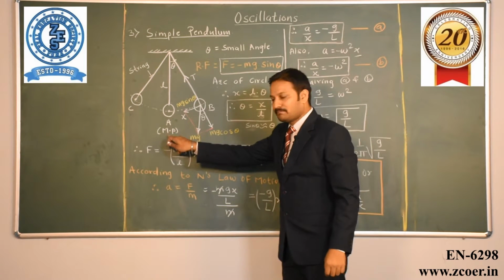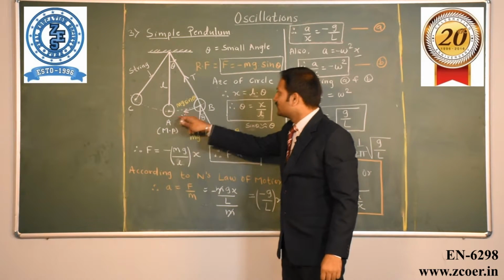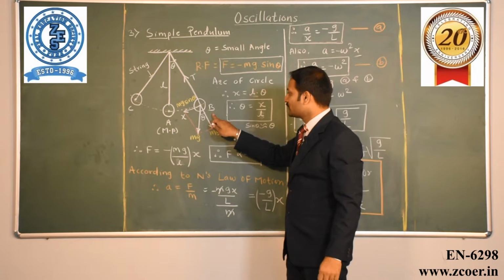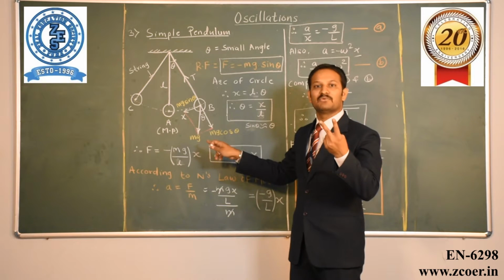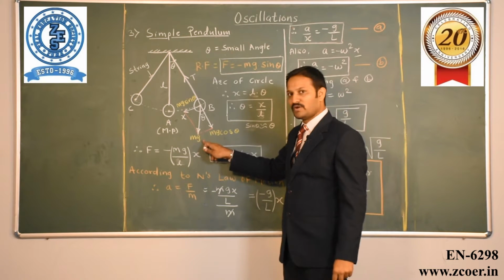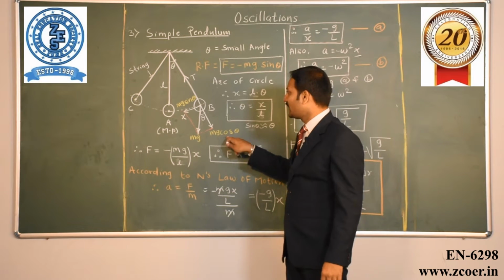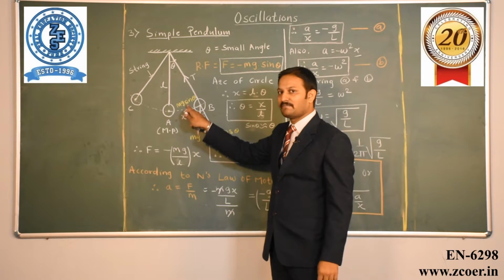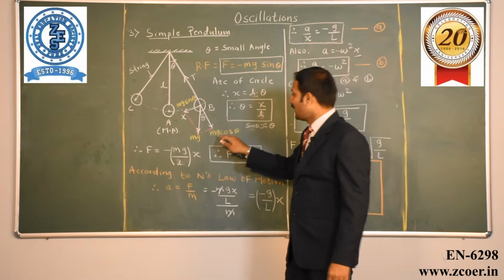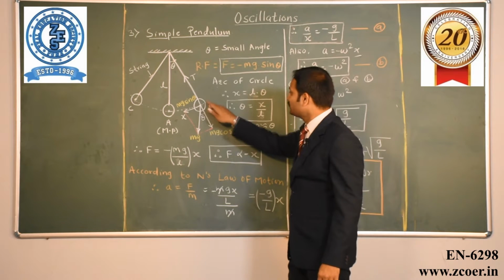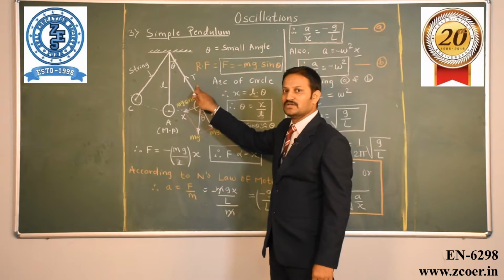Now, as the particle moves from this position to B position, the weight mg acts vertically downwards. So, you will have two components of mg, one will be mg cos theta and another will be mg sin theta. From this diagram, you can easily find out mg cos theta is in opposite direction to that of tension.